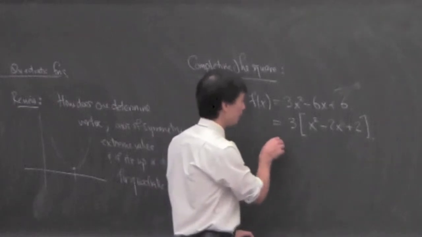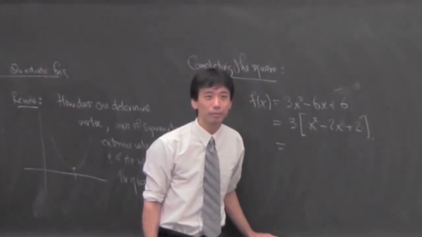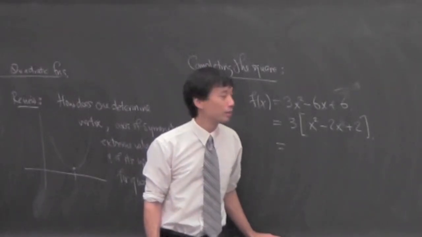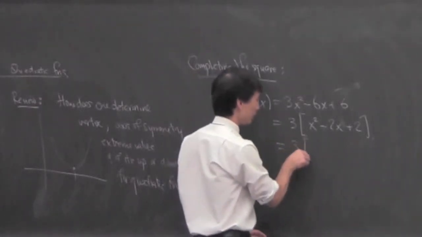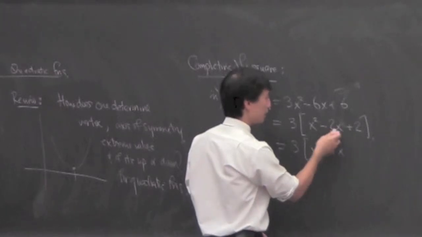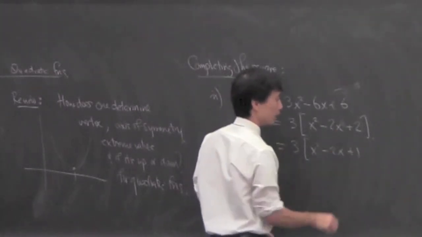Okay, so what do you do to complete the square here? You take half the negative 2 and square it. Half the negative 2 is negative 1. You square it, you add that thing on.